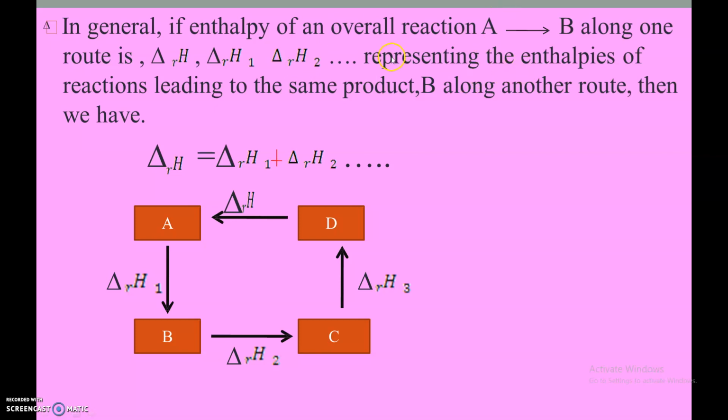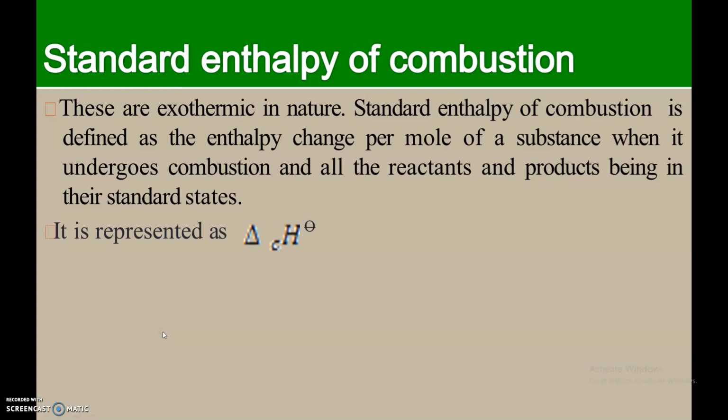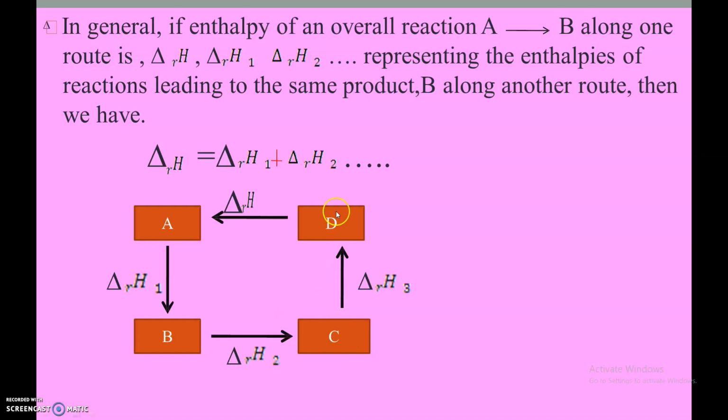These represent the enthalpies of reaction for the same product B. If there is another route, then delta RH is equal to delta RH1 plus delta RH2, and it will go on. So it may occur in several steps. Directly A will give B, B will give C, C will give D, and D can give A back.